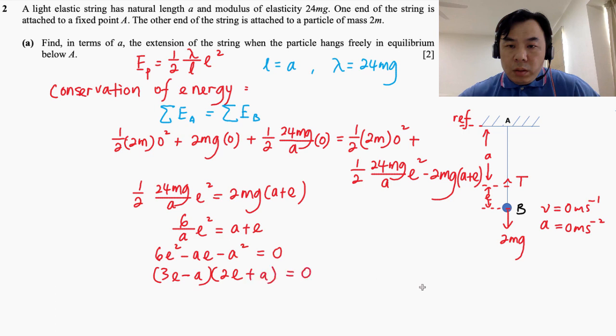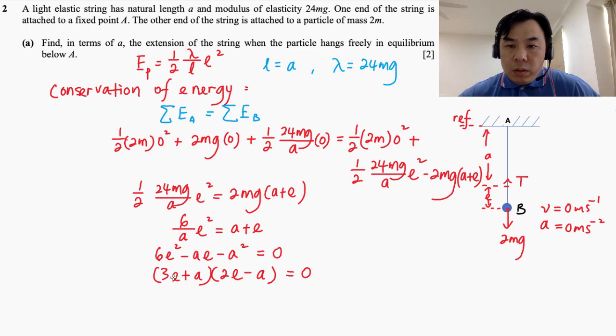Let me check whether I got it correct. I think my sign is upside down. It should be the other way around here. So this one is negative a. So just let me check one more time. It's a 6 is a negative a e. Yep, correct. And then a negative a square.